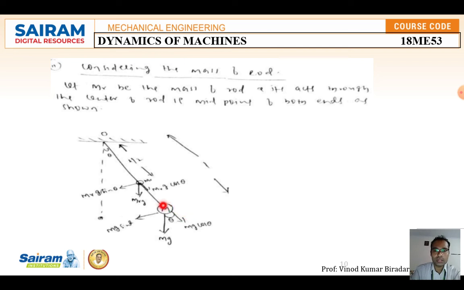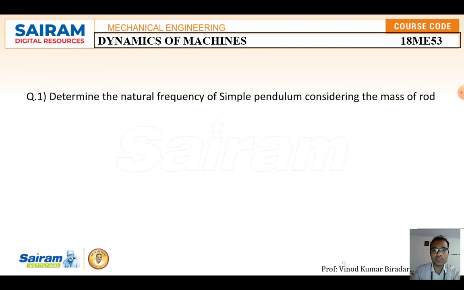So this is a basic setup. This is the bob, and it has mass m. The weight acting on that element is mg, and this side is mg sin theta, because the angle in between is called theta, and this side is mg cos theta.